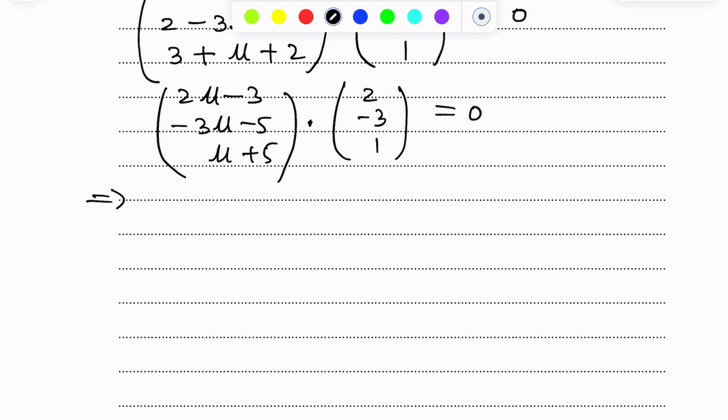So simplifying we get 4 mu minus 6 plus 9 mu plus 15 plus mu plus 5 is equal to 0.